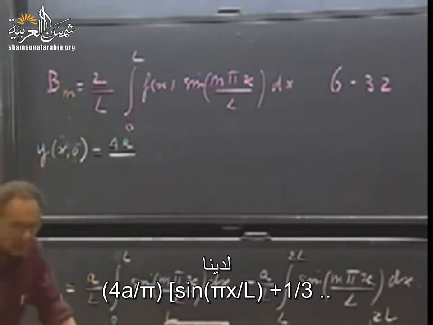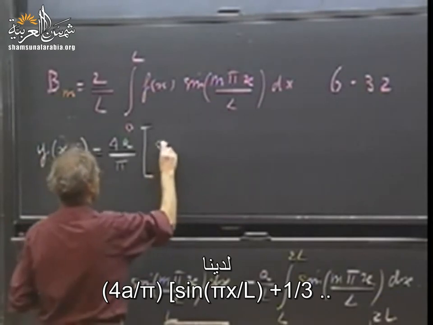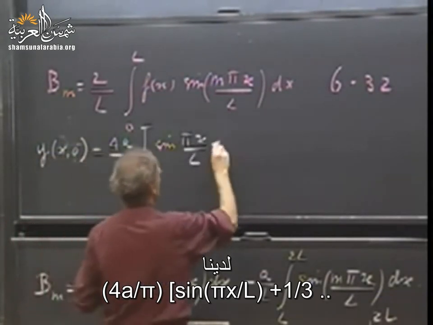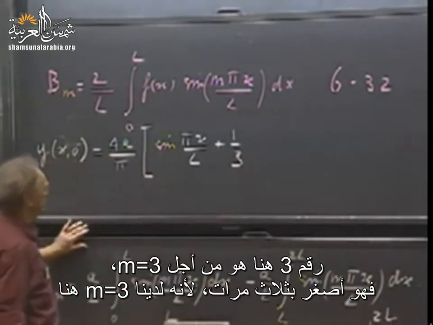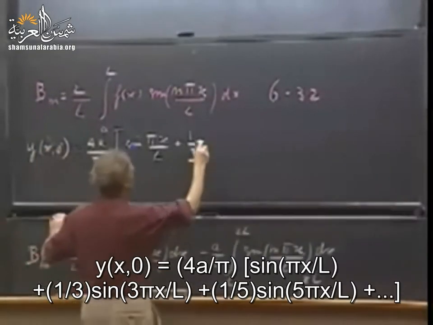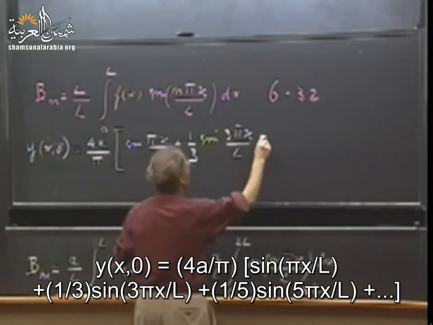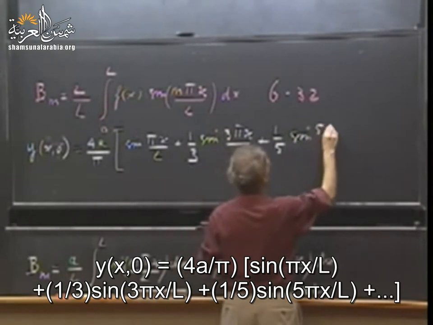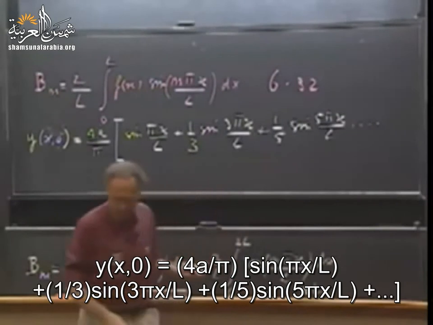I could write it down as simply a pi, and then I get here the sine pi x divided by L plus 1/3, that is that m equals 3, which is 3 times lower because you have an m of 3 here, times the sine of 3 pi x divided by L plus 1/5, and then you get the sine of 5 pi x divided by L, and so on and so on.